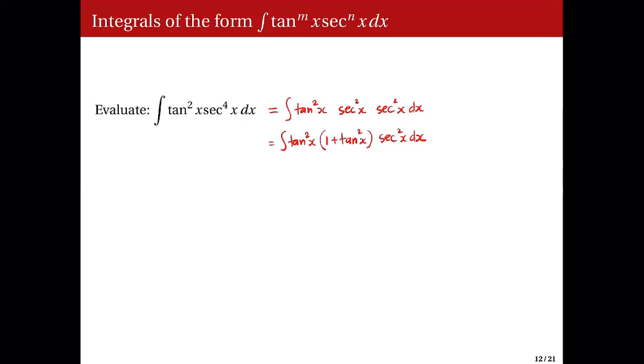And from here, we now let u be equal to tangent x, du equals secant squared x dx. Therefore, this is just u squared times 1 plus u squared. We integrate that with respect to u. Or this is just the integral of u squared plus u to the fourth power du.